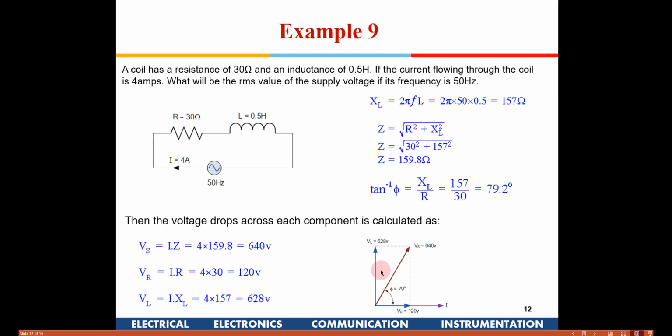Okay, so the vector addition of the voltage across the resistance and the voltage across the inductor gives the total voltage available from the source. Okay, is it okay?